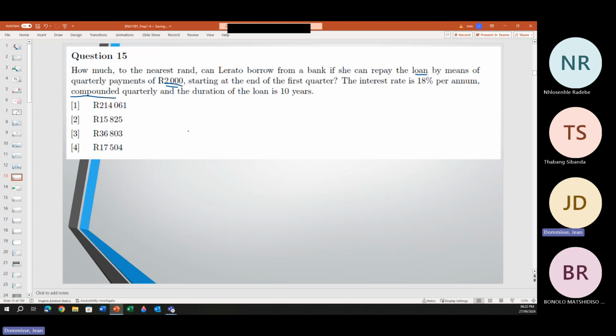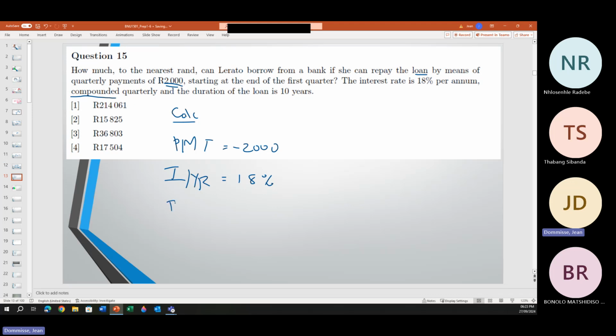Okay, so your financial calculator. We're going to pay back on a quarterly basis 2,000 rand. Interest is 18% per annum compounded quarterly.